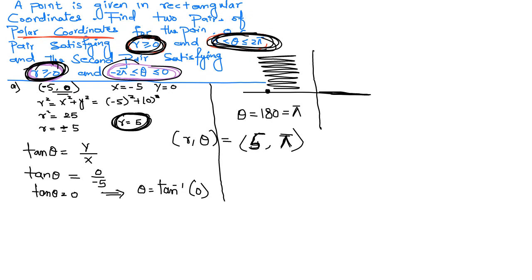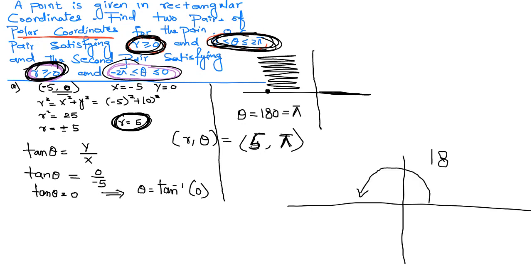The second pair is the opposite of the first pair. See, this angle is 180. If you want to take the opposite of this one, you have to go this side, so this side means minus 180. So the second pair will become 5 and minus pi.